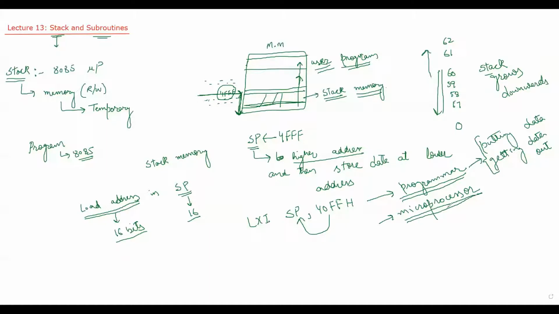So the microprocessor also uses stack memory to store the return address in case of a function call. The microprocessor automatically stores the return address of a program onto the stack memory whenever it calls a function.